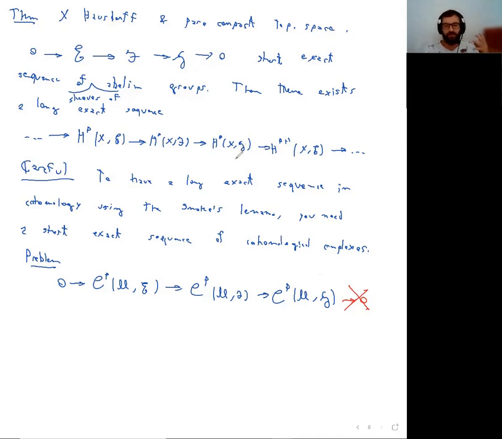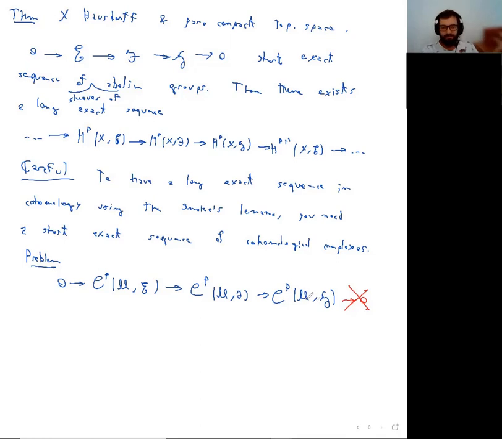And the intuitive reason behind this is that when you take the direct limit, it just means that you have to find one cover for which this works. And you don't even need to find one cover for which it works overall.